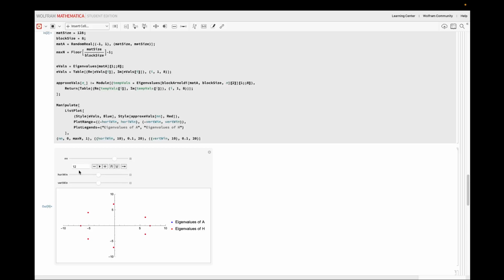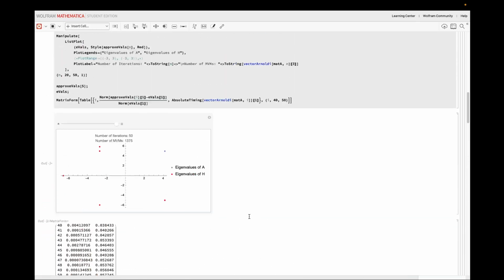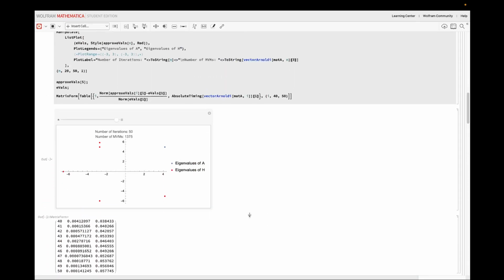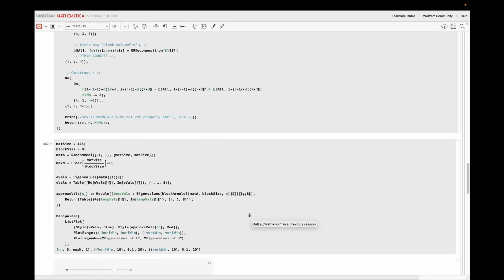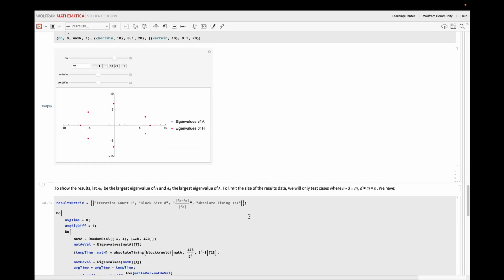We have only 12 iterations here, and the top 8 eigenvalues are converged to. Meanwhile, with vector Arnoldi, it took 50 iterations to converge 5 eigenvalues. Not optimal, comparatively.